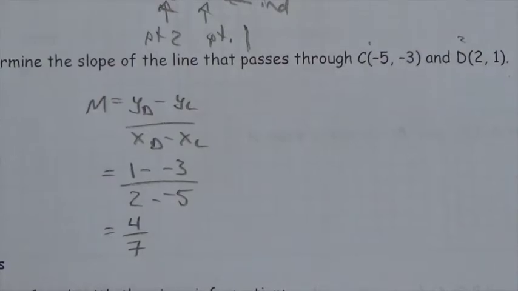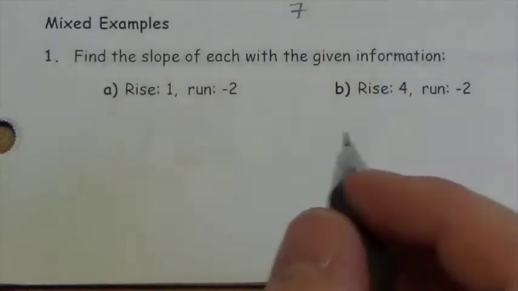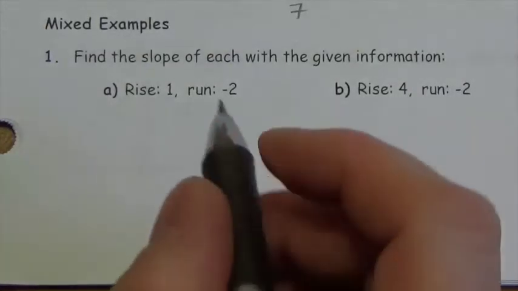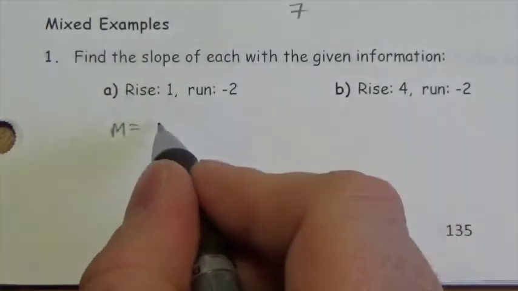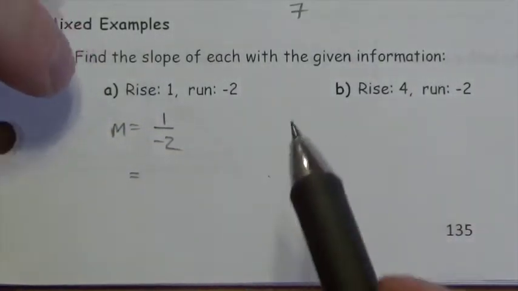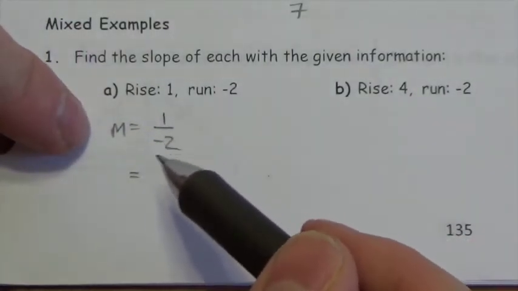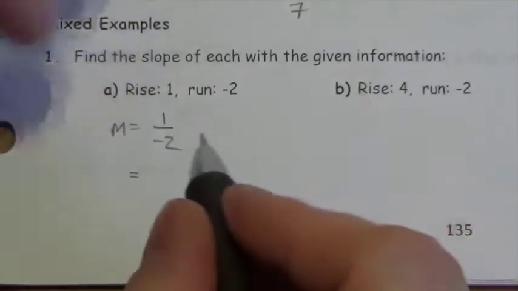Okay, now we're going to look at some more examples. So this question, we're just being asked to find the slope given the information here. And we're starting really, really straightforward here. The rise is 1, the run is -2, so it's going to be 1 over -2. But remember, I don't really like how that looks with the negative in the denominator. So I could do this one of two ways.